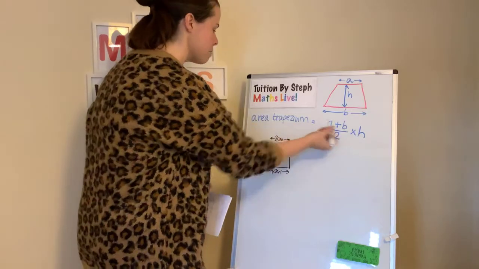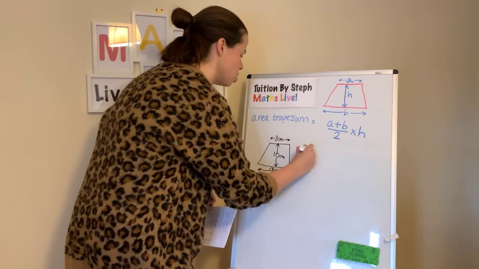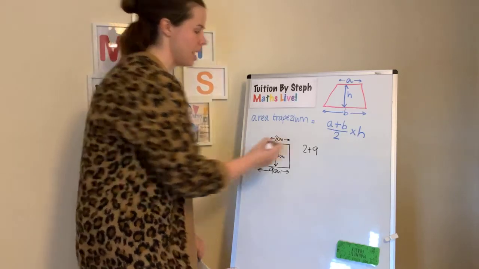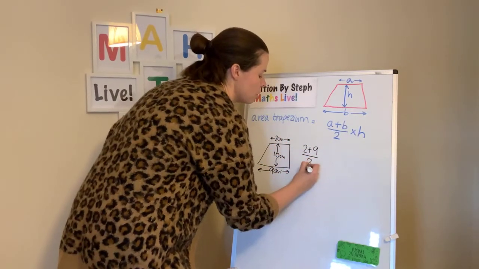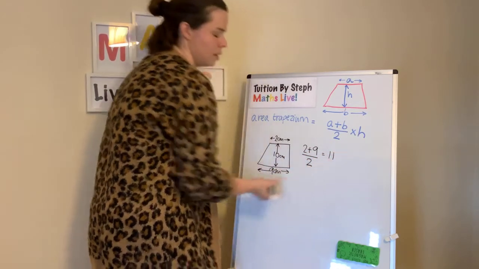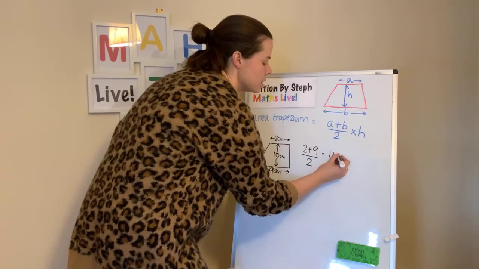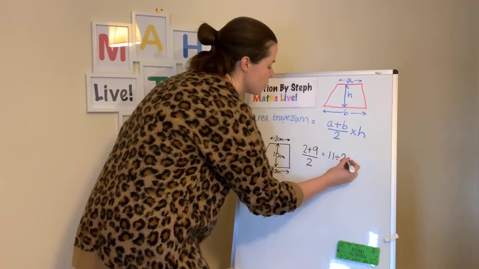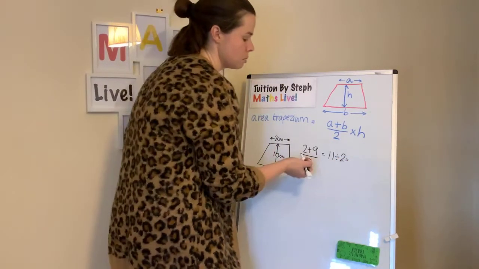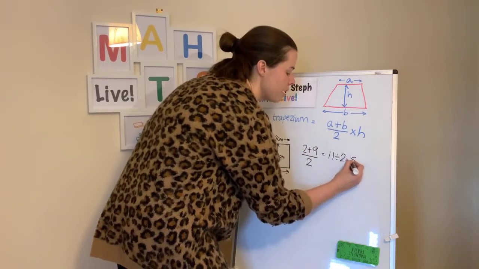So now we can use that to find the area. So A and B. So we add 2 and 9. Okay? And then we divide that by 2. So 2 plus 9 is 11. Okay? 11 divided by 2, don't get put off, it goes into a decimal. Don't get put off if it goes into a decimal. Is 5.5.